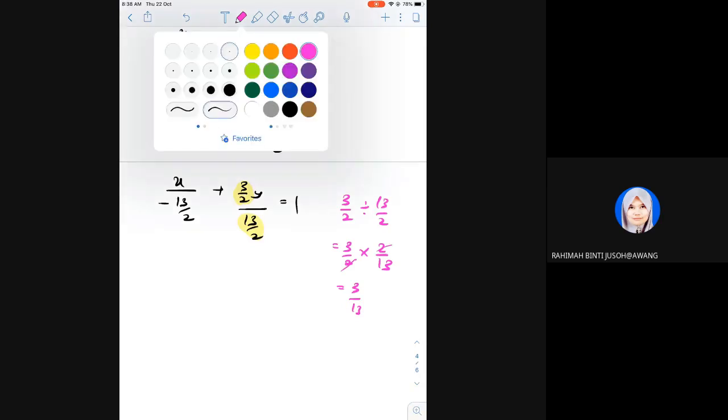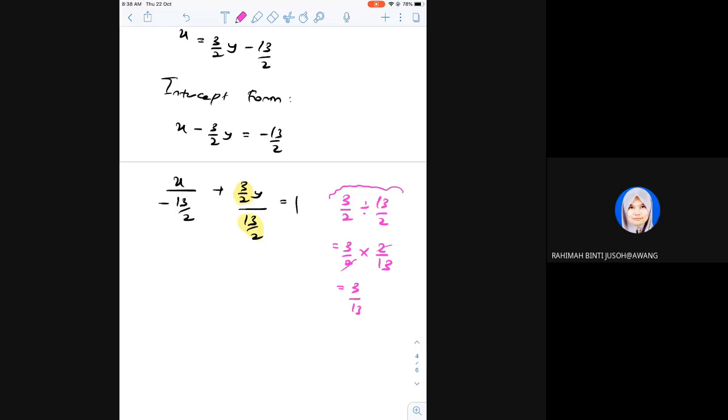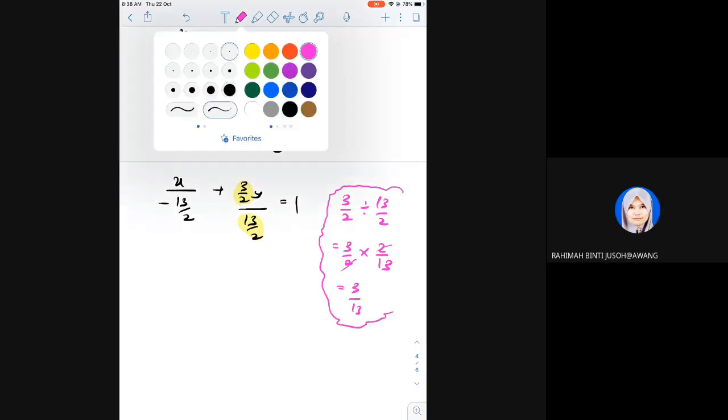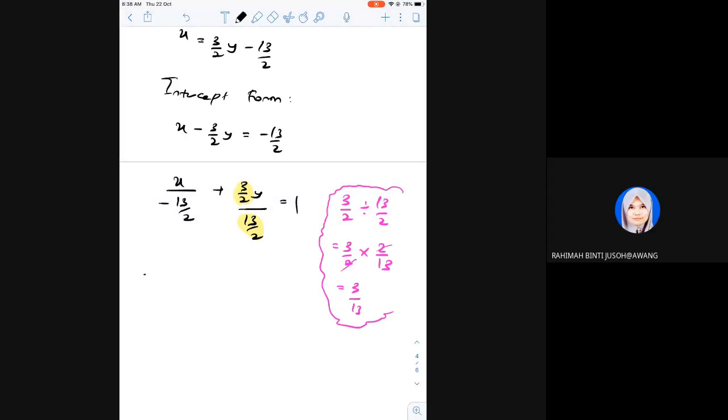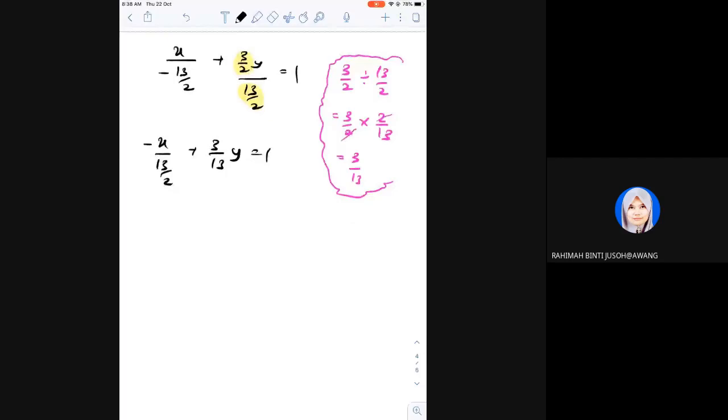Okay, so this is the simplification of the coefficient for y. So let us proceed. So we will have x over 13 over 2, okay, and then plus 3 over 13y equals to 1. Okay, I take 3 over 13 from here, the pink color. Okay, so to make it easier, 13 over 2 plus y over what?